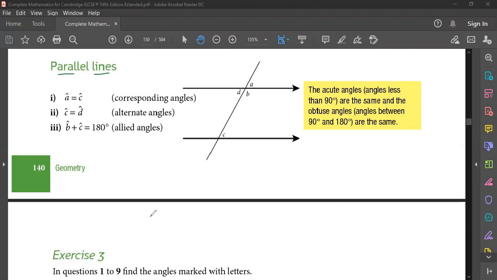Even to infinity they would never meet. Now, this line, which cuts the two parallel lines, has a name.